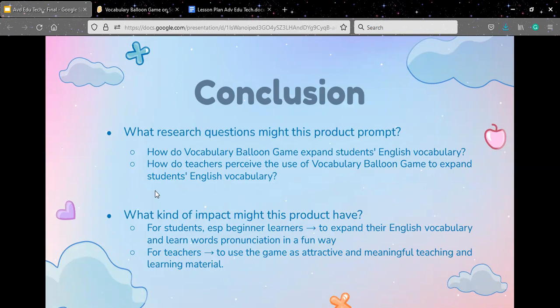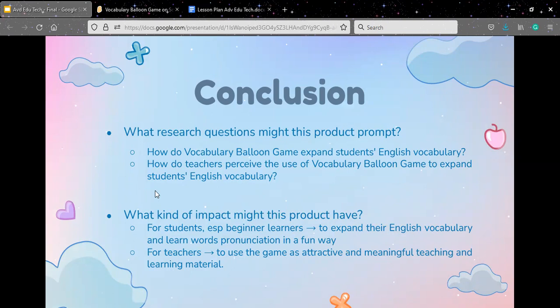The first is, how does the vocabulary balloon game expand students' English vocabulary? And the second, how do teachers perceive the use of the vocabulary balloon game to expand students' English vocabulary? Student perception is what I have done previously.